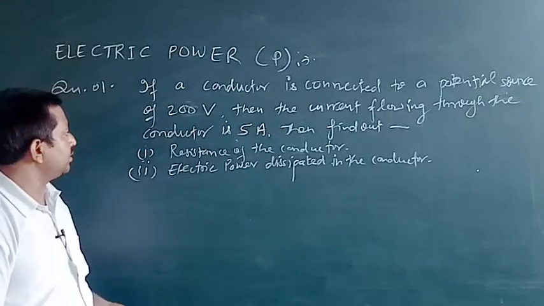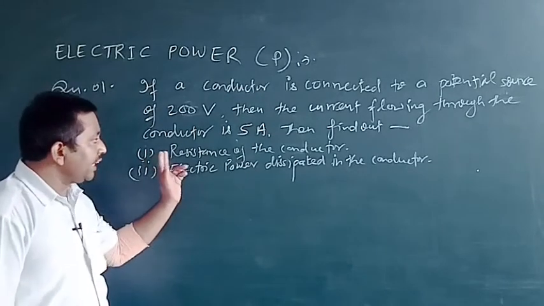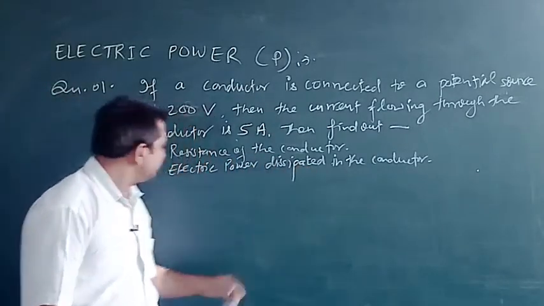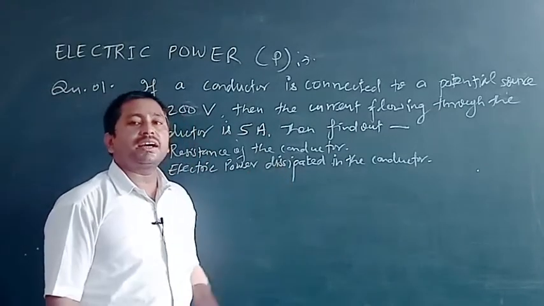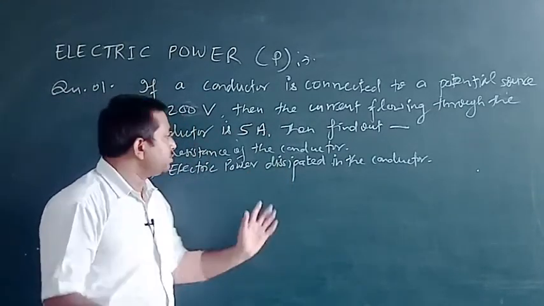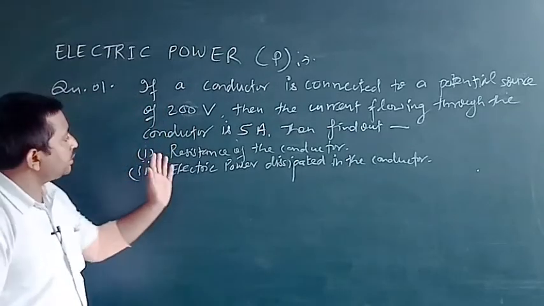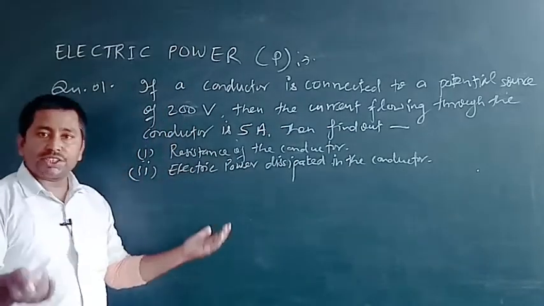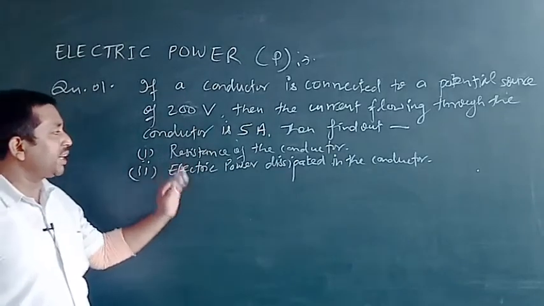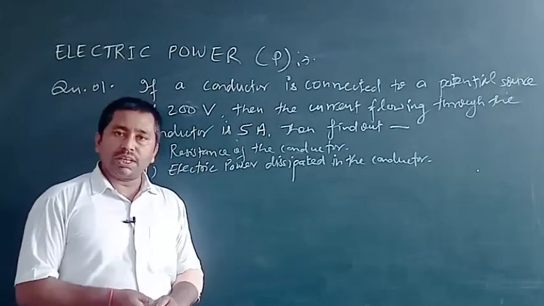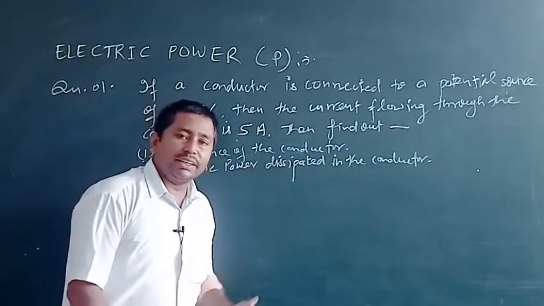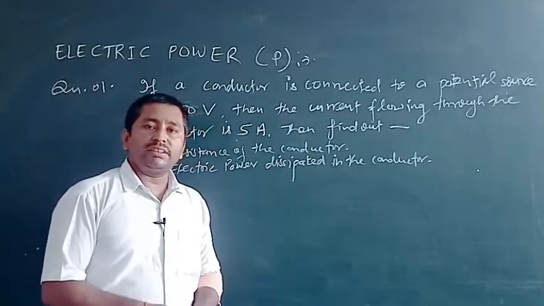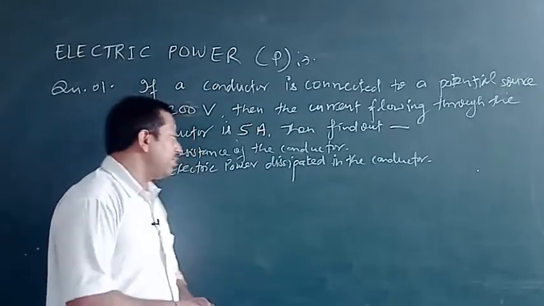Then find out the resistance of the conductor and the electric power dissipated in the conductor. As we are seeing, the resistance of the conductor can be calculated with the help of Ohm's law, and the electric power dissipated in the conductor can be calculated by the formula of electric power.